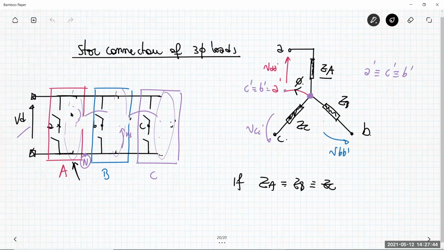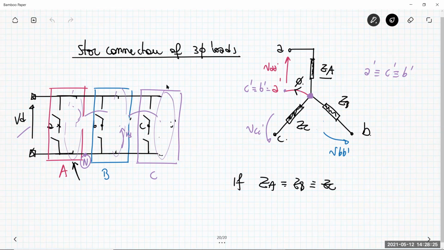One leg for the inverter A, one leg for the inverter B, and the other leg for the inverter C. So this is a configuration that I can use for connecting the three-phase load in a star-connected way. Starting from this, tomorrow morning at 10, we can examine what happens if the three-phase load is connected in a delta connection, and if there are some changes in the three-phase inverter configuration.